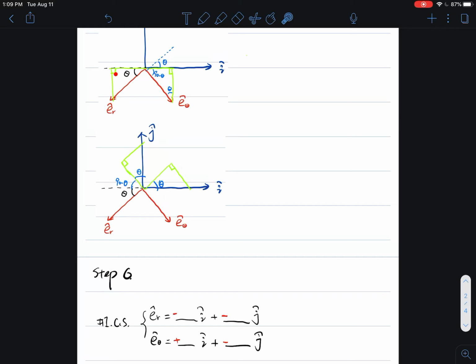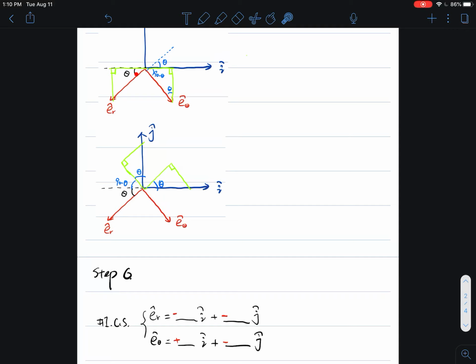So if you look at this triangle in ER, it has a hypotenuse. In this case, we treat all the hypotenuses as given, since both ER and E theta are unit vectors, so their length is 1. So we know the length for the hypotenuse right here and right here. So if you know that this length is 1 and you want to find out the length of this edge of the triangle, which trigonometry would you use?